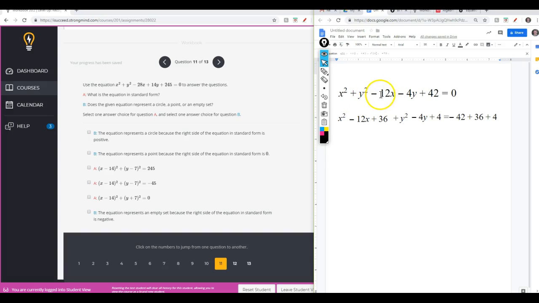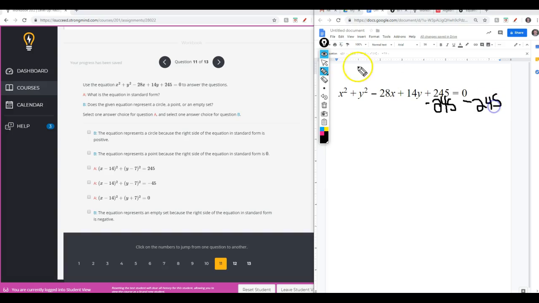So we had x squared plus y squared minus 28x plus 14y plus 245. Alright, well, we're going to subtract the 245 to the right hand side, because 245 minus 245 is 0, and so then 0 minus 245 is negative 245.